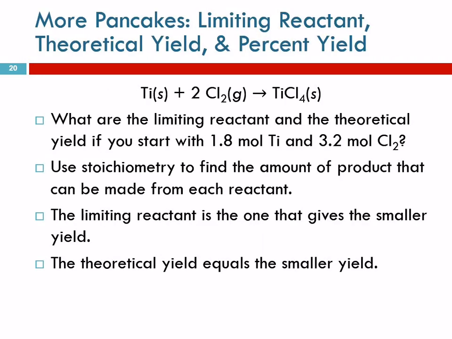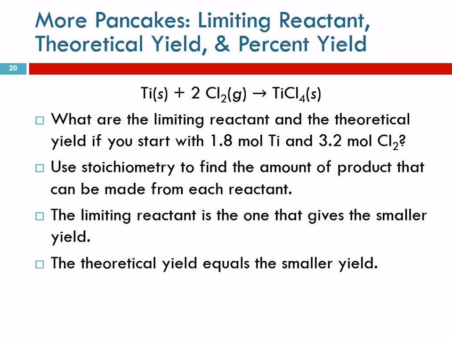So let's apply this to a chemical reaction, titanium and chlorine. So the question is, what are the limiting reactant and the theoretical yield if you start with 1.8 moles of titanium and 3.2 moles of chlorine? So the strategy here is the first thing we need to do is use stoichiometry to find the amount of product that can be made from each reactant.